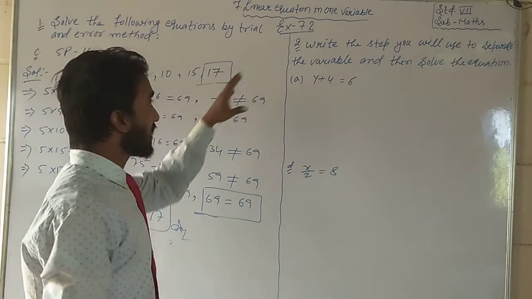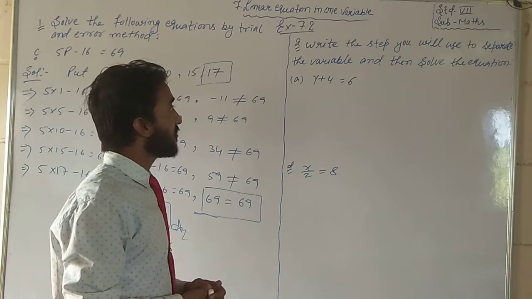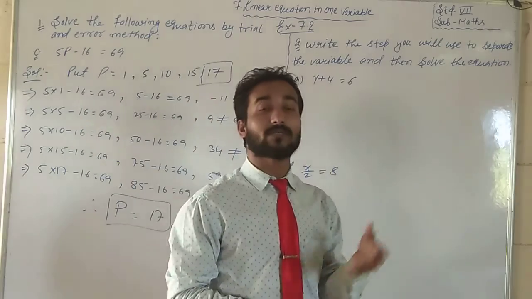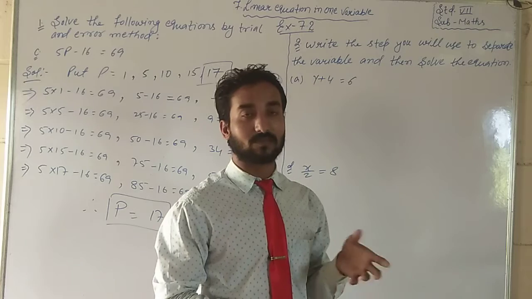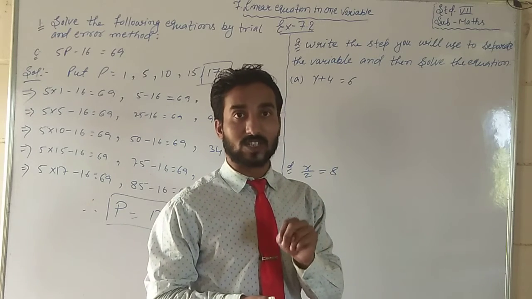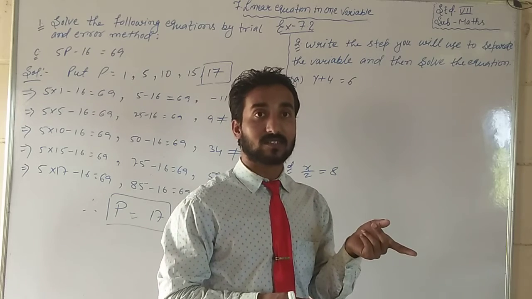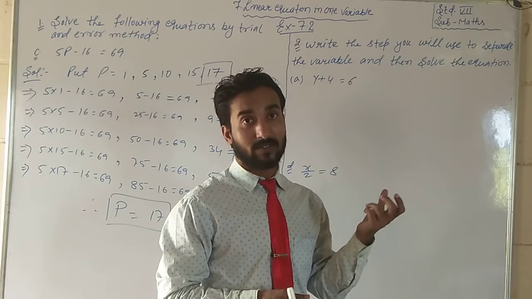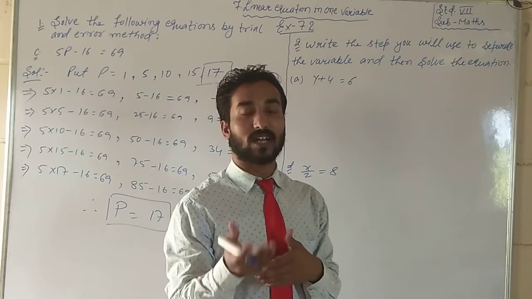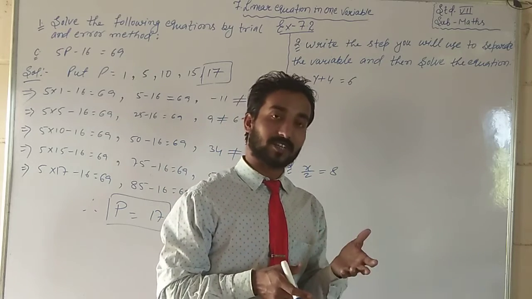So, students, write the step you will use to separate the variable and then solve the equation. I think it was explained in the last classes or videos where I used two methods. The second method was transposing, and the first method was that we mention what steps we are doing, either multiplying, dividing, subtracting or adding.